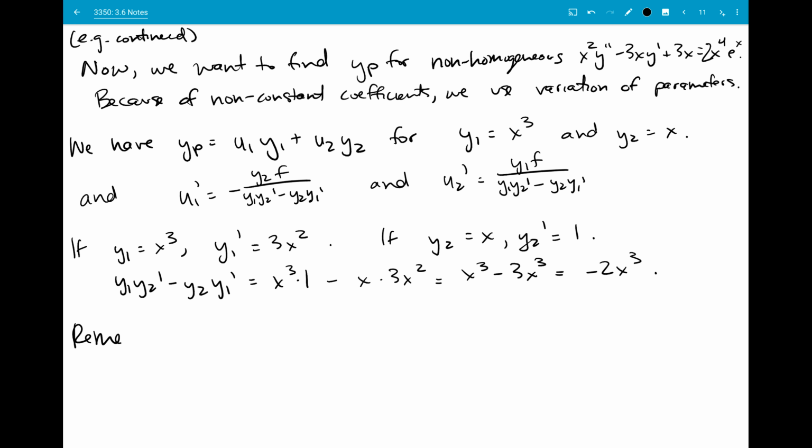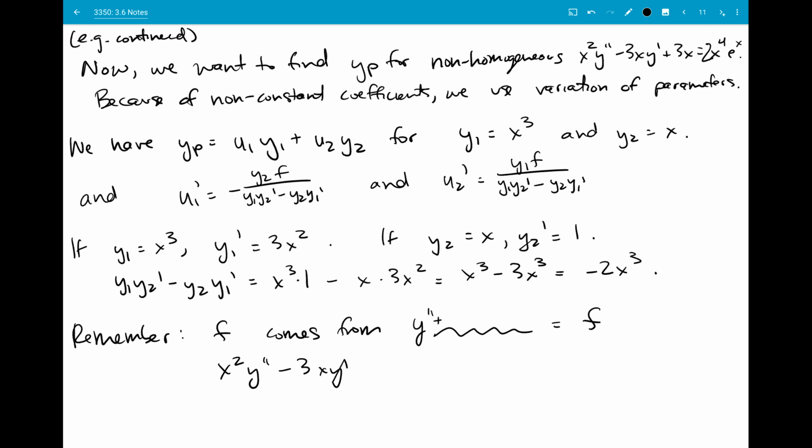So we're going to remember f comes from our non-homogeneous part, that thing equal to f. But the most important thing to remember is that we need something like y double prime plus a bunch of stuff equal to f. So we have x squared y double prime minus 3x y prime plus 3y equal to 2x to the fourth e to the x.